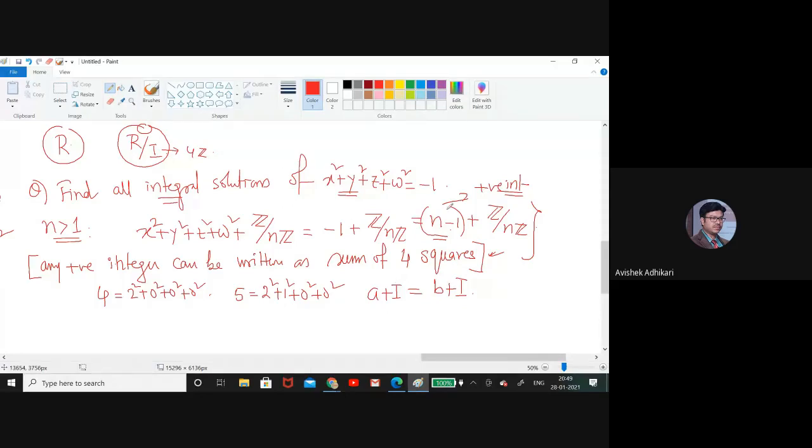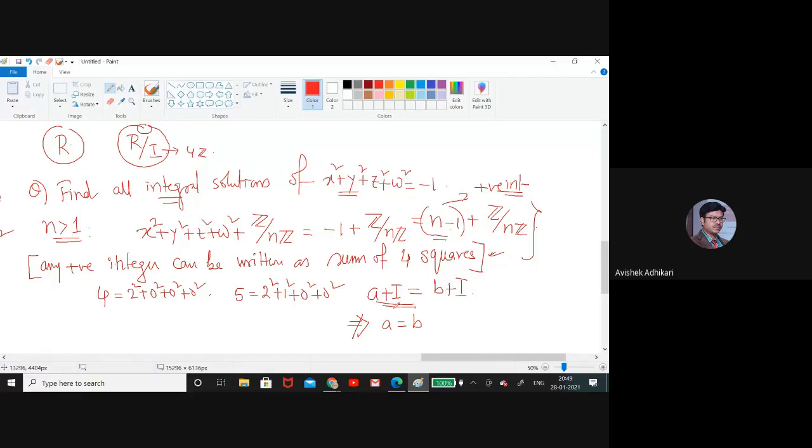That means for this n minus 1, I can always find x, y, z, w plus this, such that their squares must be equal to n minus 1 plus this. That means this equation is satisfied. That does not mean that a equals b.